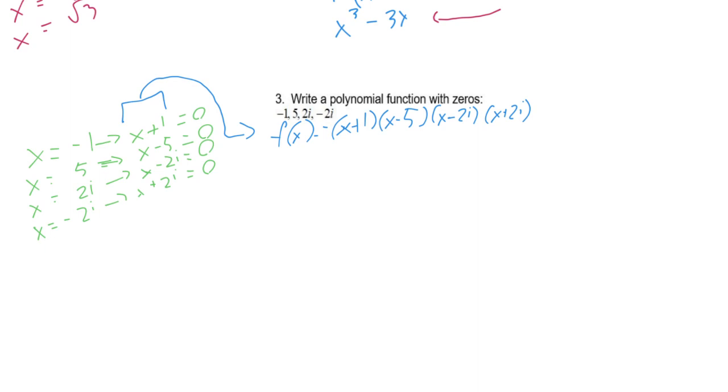Now, since we have imaginary values there and there, we can't leave them as such. We're going to have to combine them. We're going to have to FOIL them out.